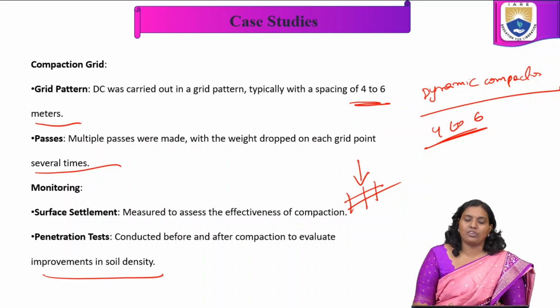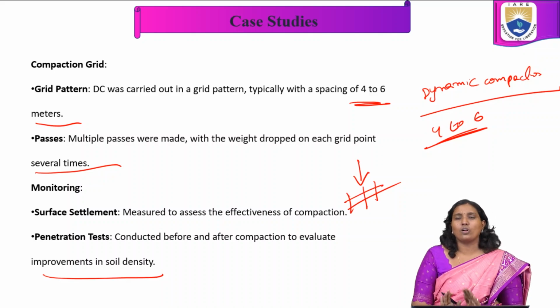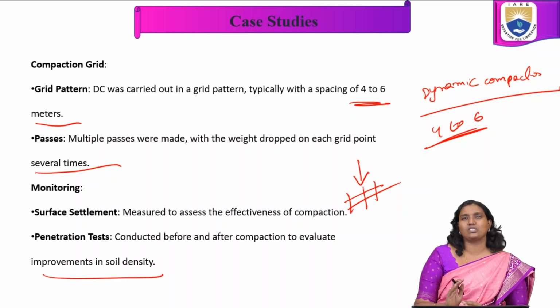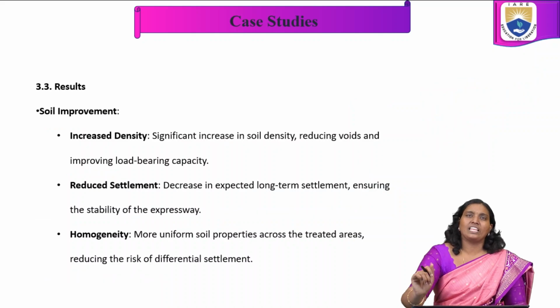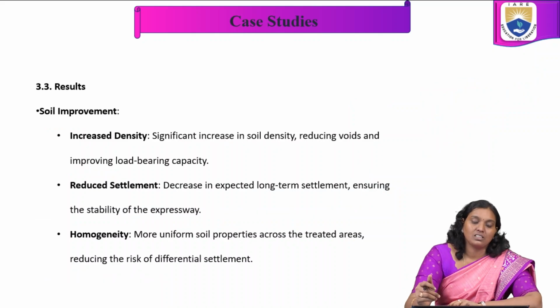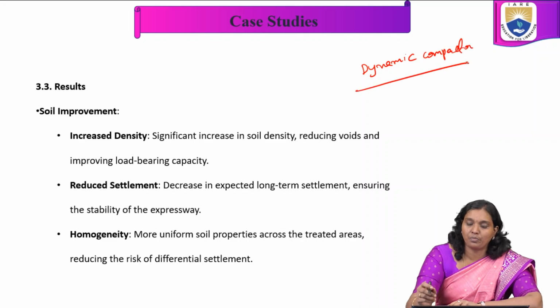Conducting the penetration test before and after also evaluates the improvements in soil density. We are understanding the soil properties through various parameters. Finally, once we choose dynamic compaction, it is going to enhance the properties of the soil as per the requirements of the project.